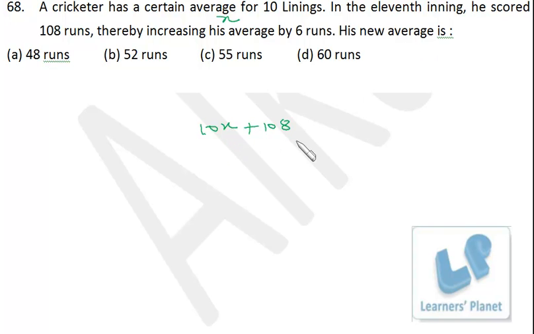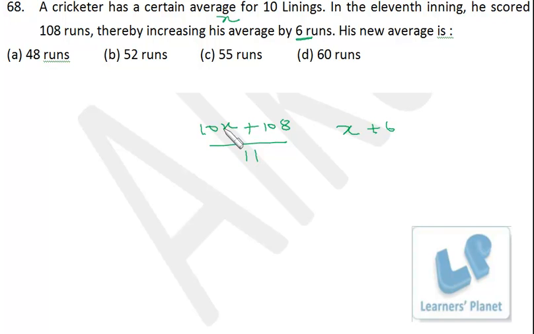So this is the total of 11 innings, and if I divide it by 11, I'll get the average of all these 11 innings, right? And this is actually increasing the average by 6, that is 6 more than the initial average. So the initial average was x and this is actually x plus 6.